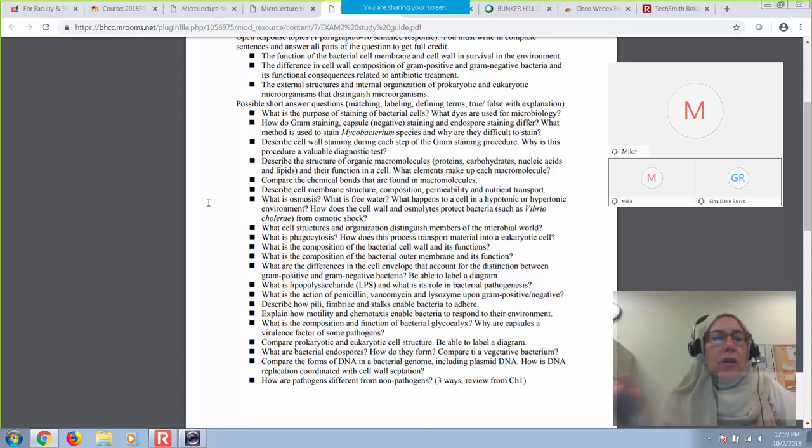As I mentioned, you can see that a lot of the material is from chapter 5, but also some of it is not. For example, here where it says describe the cell membrane structure, composition, permeability, and nutrient transport, I went over almost all of that except for the nutrient transport.